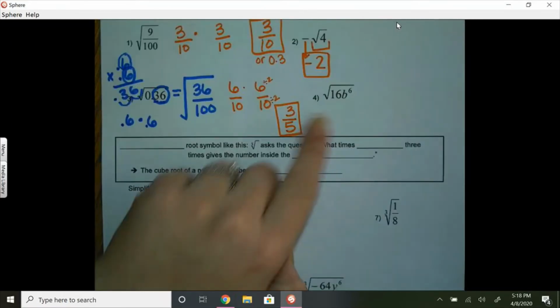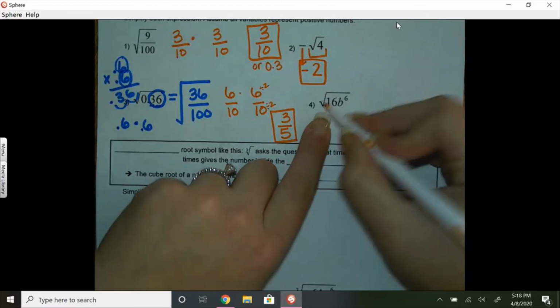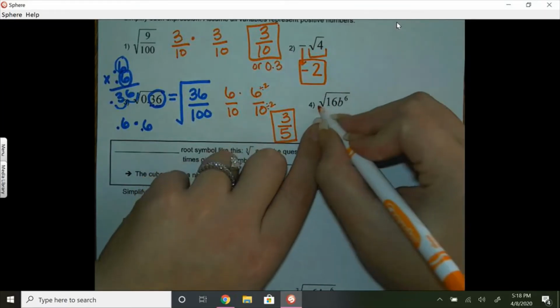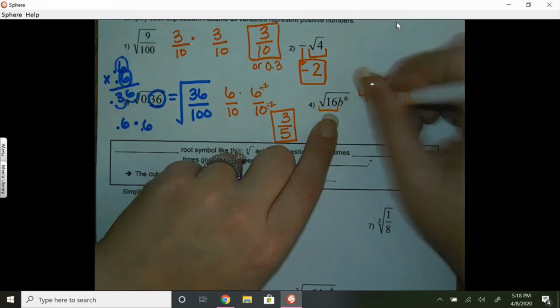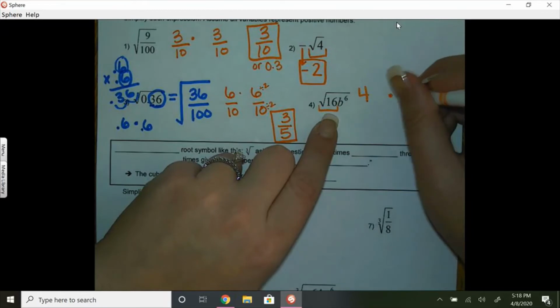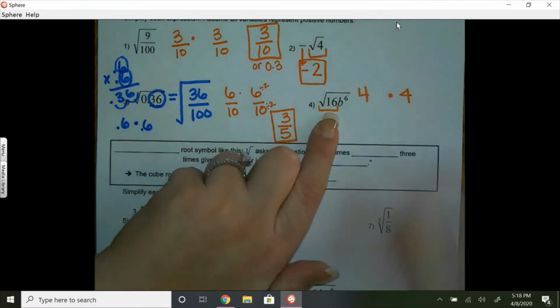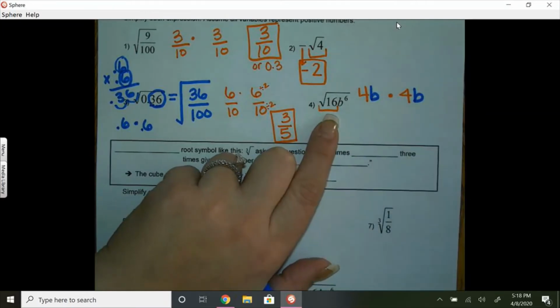All right, let's go ahead and take a look at number 4. So this is saying what times itself is 16b to the 6. So let's break this apart. Let's do the square root of 16 first. So I know that 4 times 4 is 16. And if I put a b here and a b here, that would make 16b to the 2nd.